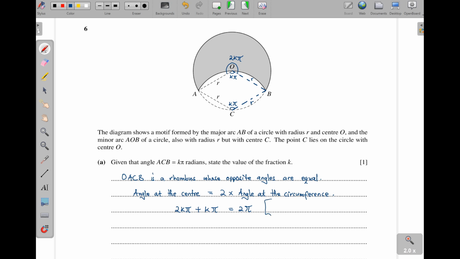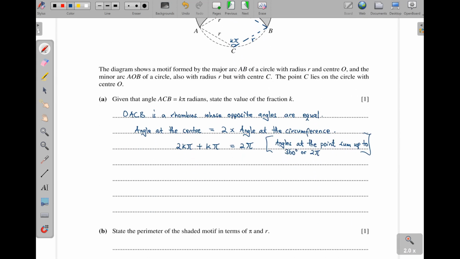What am I using? Angles at a point sum up to 360 degrees, or 2 pi in radians. Now, this one automatically will give us 3K pi, which is equal to 2 pi.